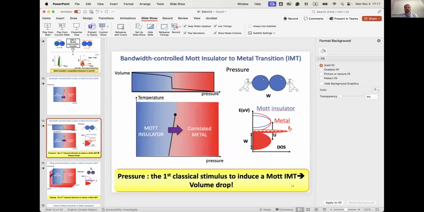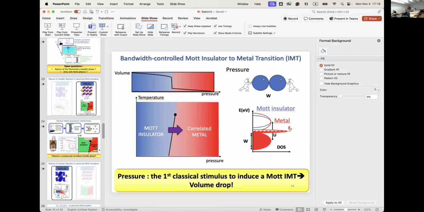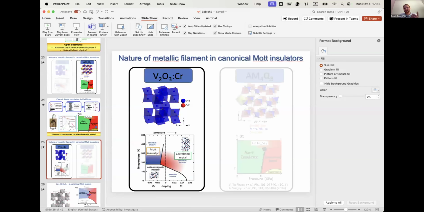So this is pressure. Here is a real phase diagram of chromium-doped vanadium oxide. You have pressure on this axis, and here you have chromium doping. Here in blue is the Mott insulator and the correlated metal region, and this is in between. What do people measure to draw this line?